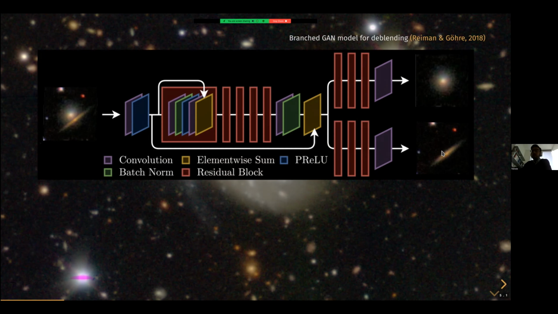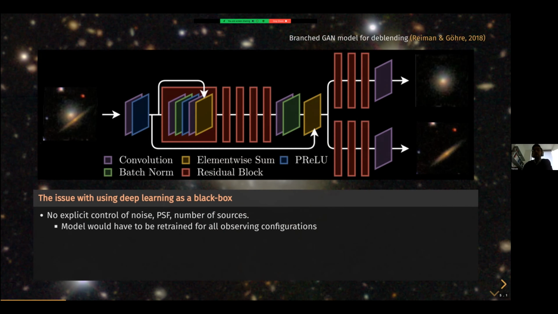So you can do this, and it kind of works, but it also has a few issues that I would like to highlight, with this kind of approach of using deep learning as a black box. The first one is that once you've trained your network on some training images, then you no longer have explicit control over a lot of aspects of your data that are still pretty straightforward.